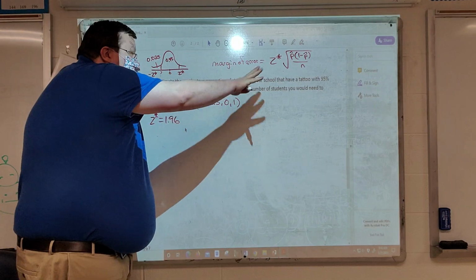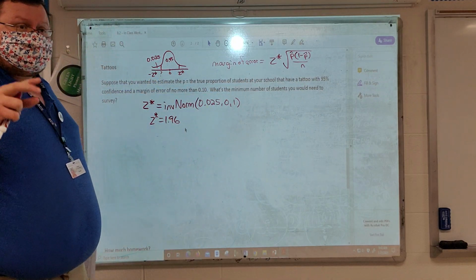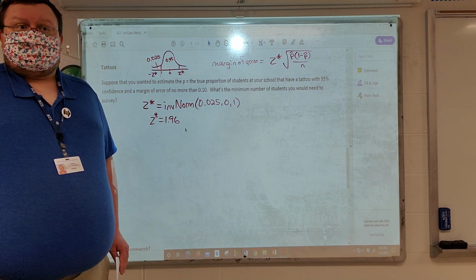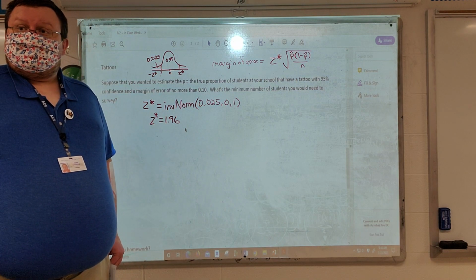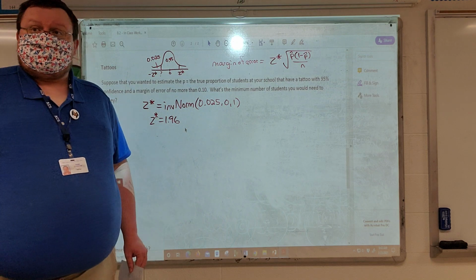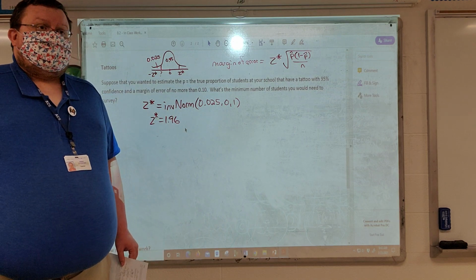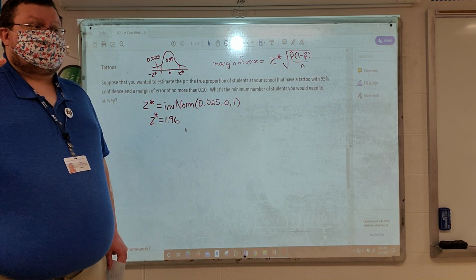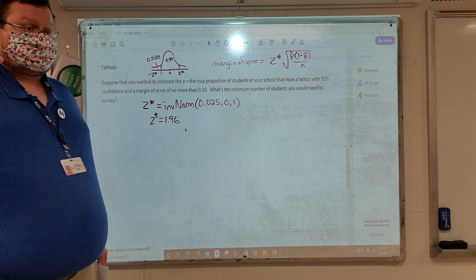As you read this problem, does it tell me anything about a pilot study or any previous information in there? It just says no more than. It doesn't really say anything about what P could be. So guess what? We have to use 0.5 then as a guess. Those are your two options, and I talked about those yesterday in the Edpuzzle video if you watched that.